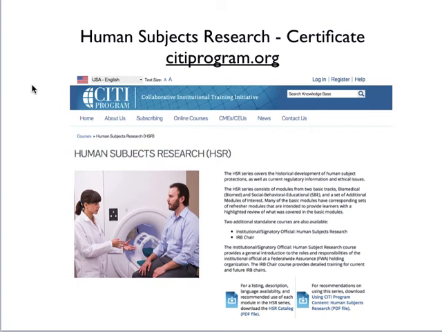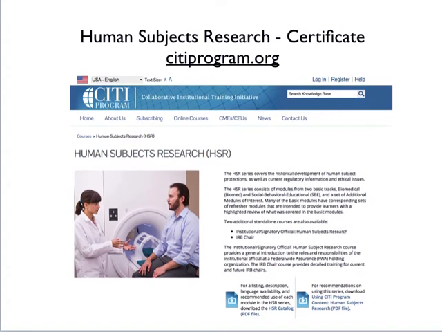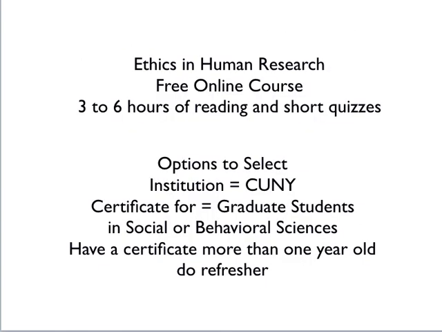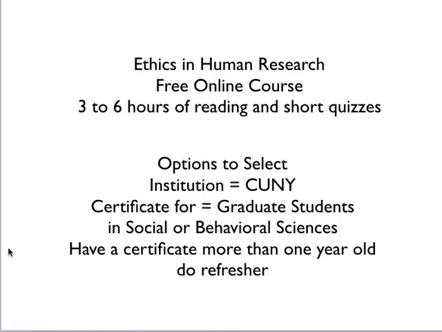When you're done with the course, you'll be able to print out a certificate as a PDF file. You can either email that to me or upload it to a location that I'll provide on Blackboard, so I know you completed it. You need to complete it before the end of the semester, but I really suggest that you do it early in the process so we're not stuck at the end of the semester when we have a lot of other stuff to get out of the way. Okay, so that's the online course we're talking about.